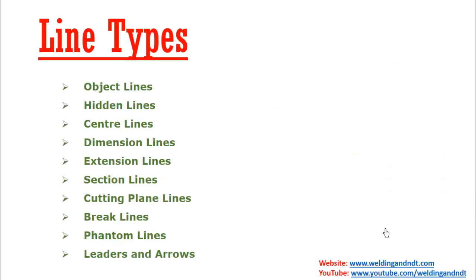Now friends, let's start. There are many line types, or types of lines, which are used in the drawings. These are object lines, hidden lines, center lines, dimension lines, extension lines, section lines, cutting plane lines, break lines, phantom lines, and leaders and arrows lines.